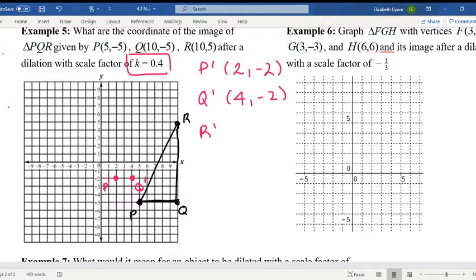If not, what I'll do, Danny, is I'll come back to you for another one, okay? Gannon, do you have R prime ready? Okay, what'd you get? I agree with you. 4, 2. So 4, 2, that should go right there.